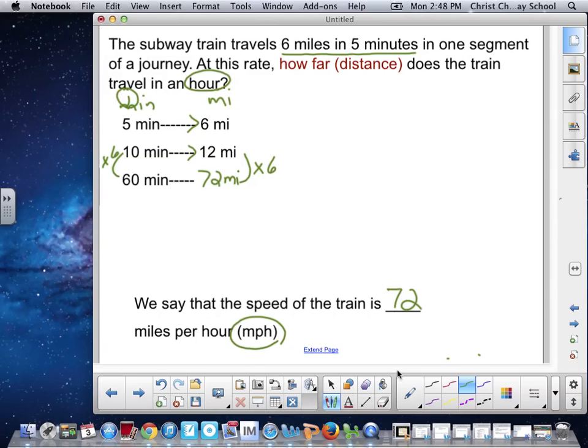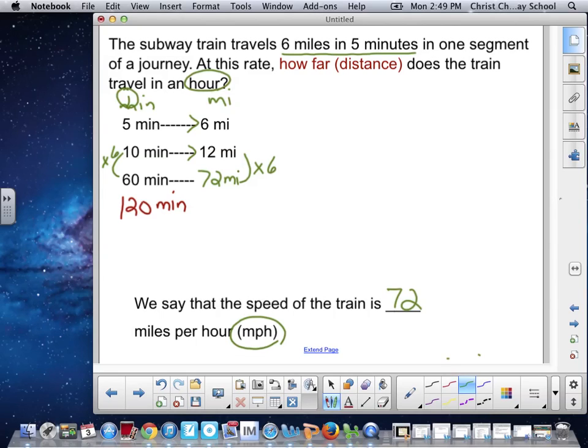Next, I'd like for you to figure out what would be the distance the train travels in, let's say, 120 minutes. It's 120 minutes.